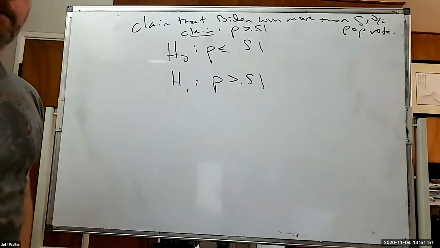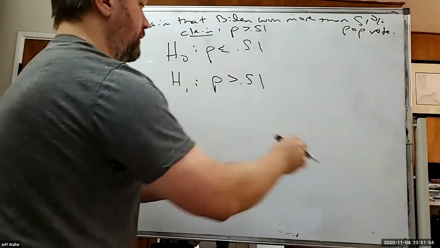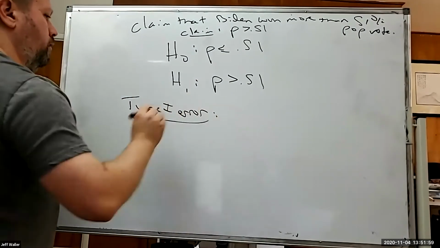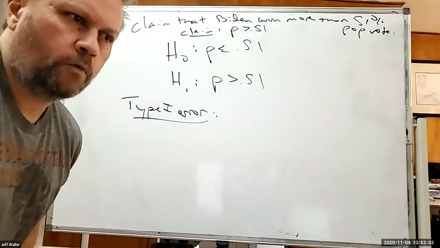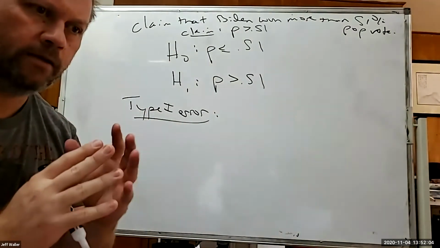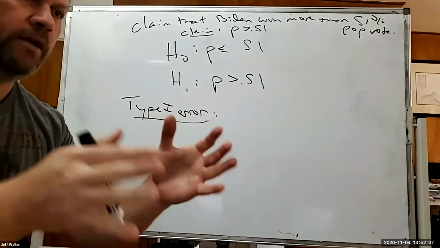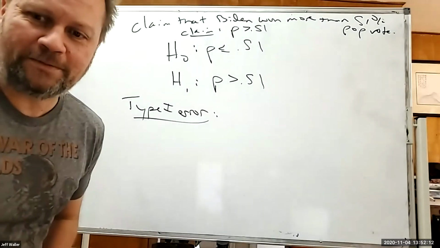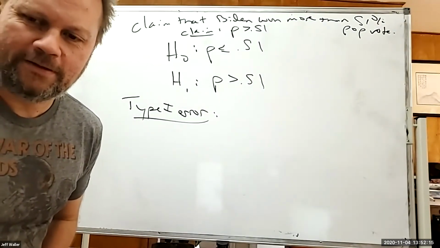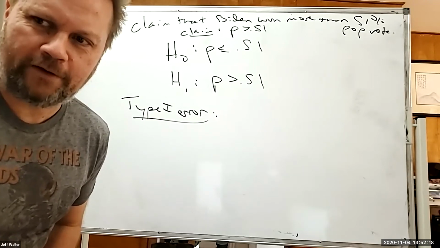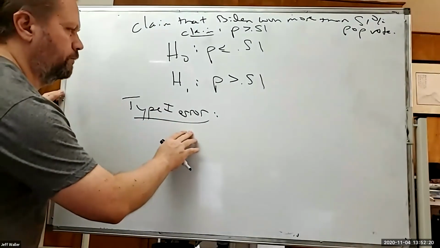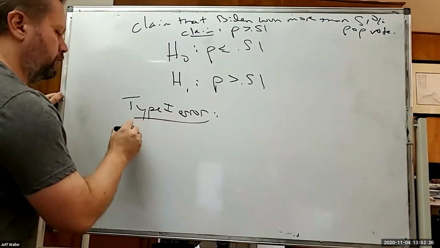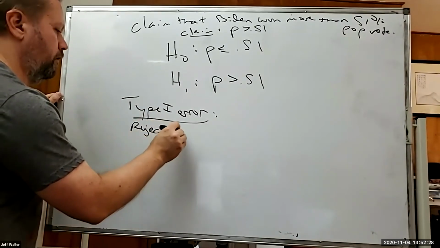All right. So if I do the whole test and I make a type 1 error, what is the reality? So what's the reality, but we think what? Type 1 error, remember, is to reject a true null.